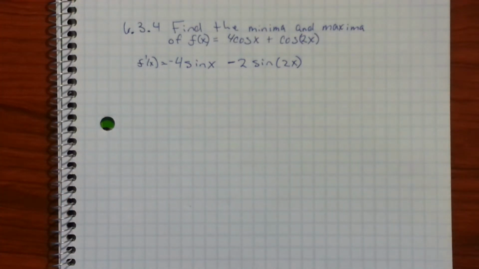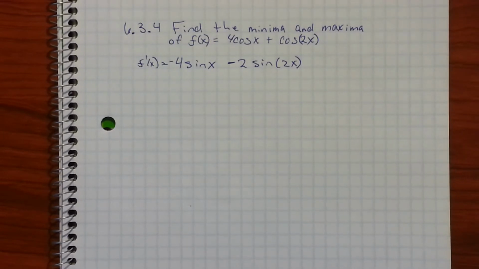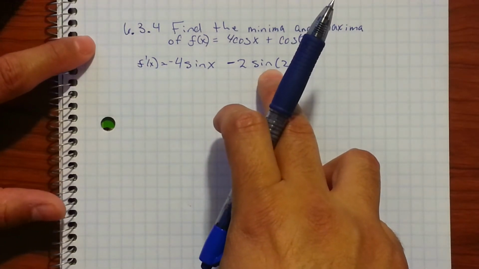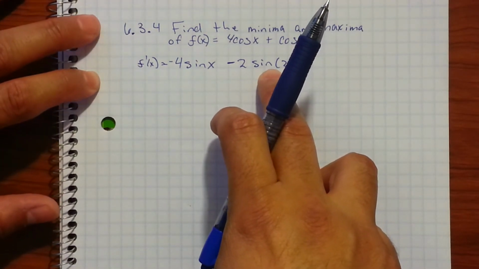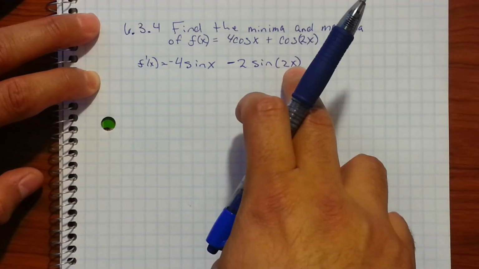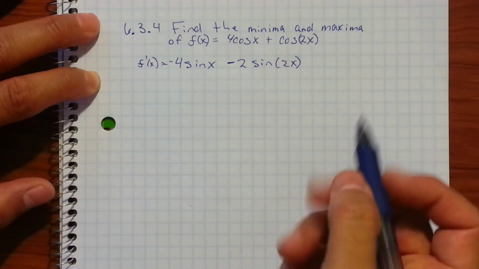So now I have the first derivative, but I can't really do much of anything with it because I have a single angle and a double angle together. So I need to go ahead and make that other one into a single angle. So let's take a look. I have an identity for this one right here. So if you go back, I believe it was last chapter, where we have the double angle for this, that I'm going to replace this.